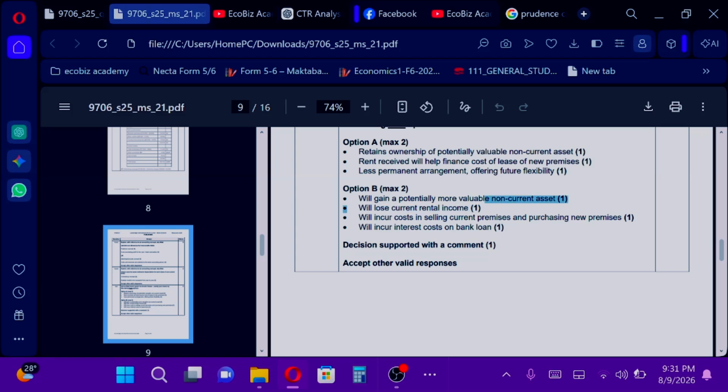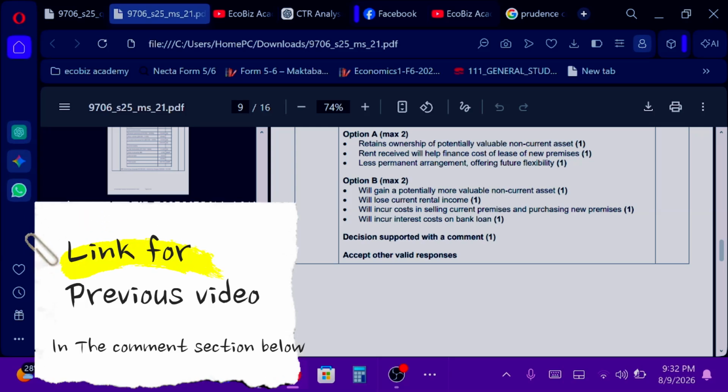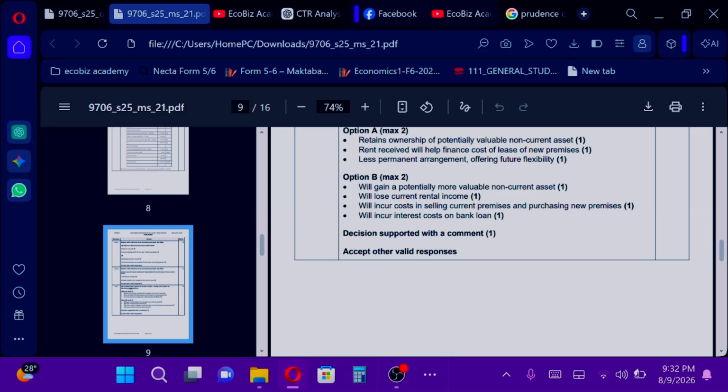This is a disadvantage because we're not renting it. So we just get a fixed amount of money at the beginning of the financial year. We will incur costs by selling. This is true because when we're selling the premises, we will incur some costs, maybe costs of advertising the business for sale. So yeah, although it's small costs, we still incur. Interest on the bank loan. Yeah, this is also true.